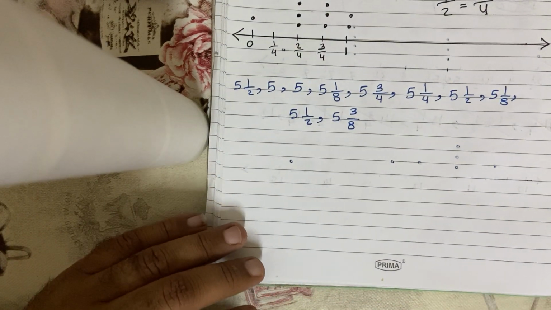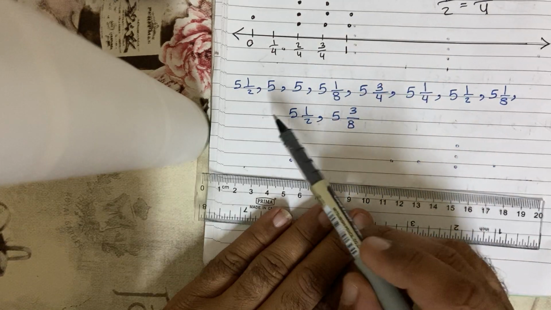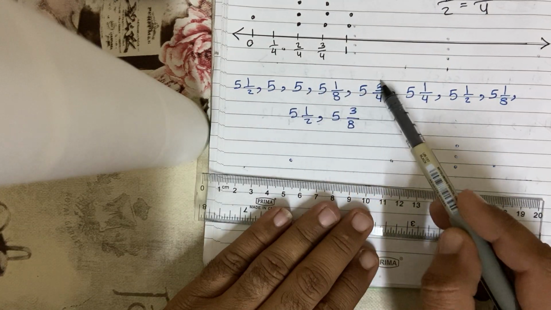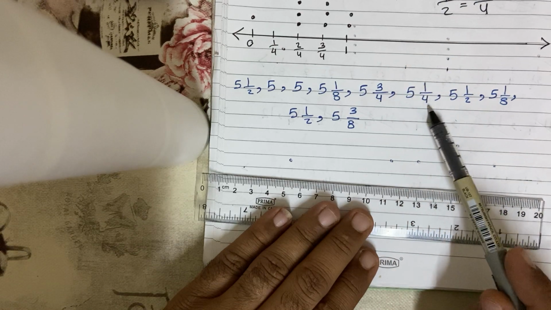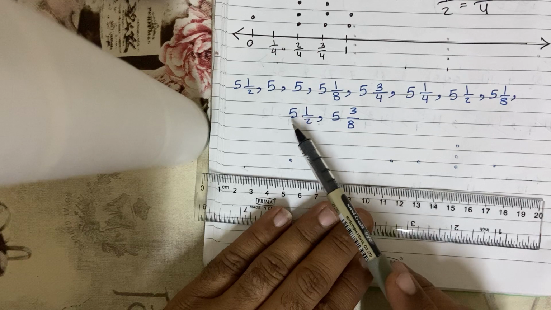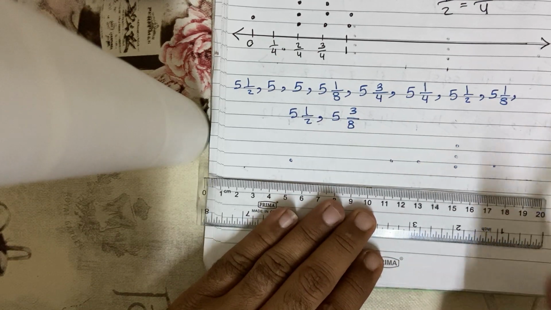Another exercise. We have 5 and half, 5 and 1 over 8, 5 and 3/4, 5 and 1/4, 5 and half, 5 and 1 over 8, 5 and half, 5 and 3 over 8.